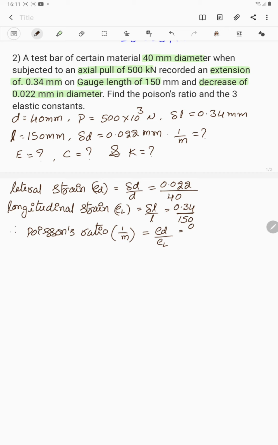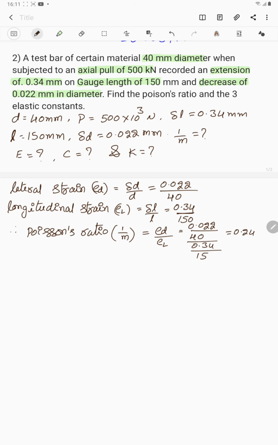It is equal to 0.022 by 40 whole thing by 0.34 by 150. You simplify this value for getting the Poisson's ratio. Around 0.24. That is the Poisson's ratio. Otherwise, here itself I can write it 0.24 because the space is limited.